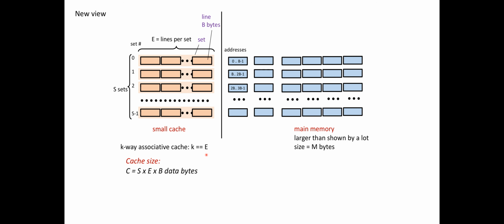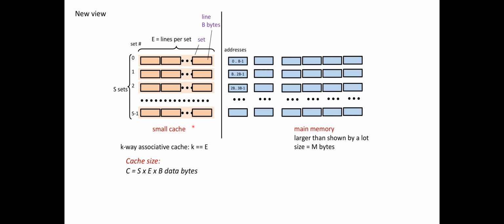This E is something that your textbook uses that I haven't seen in all literature about this topic. So just be aware of that. But E now is our number of lines per set, and I've shown a generic number of those as well.